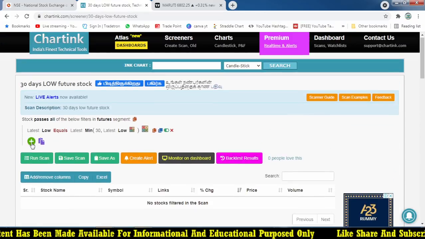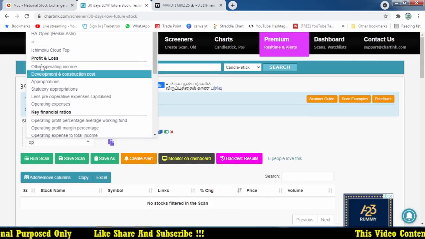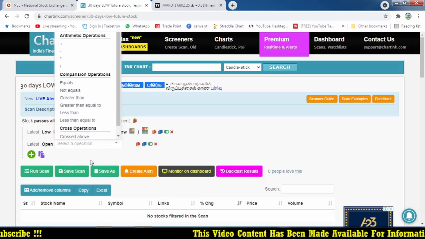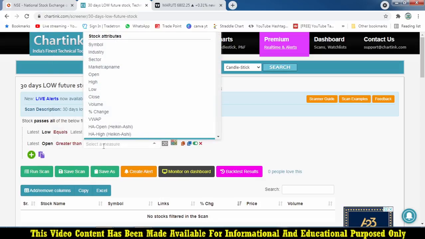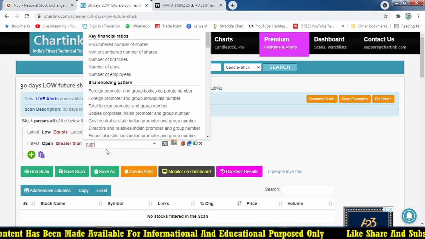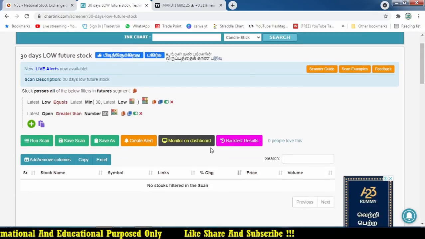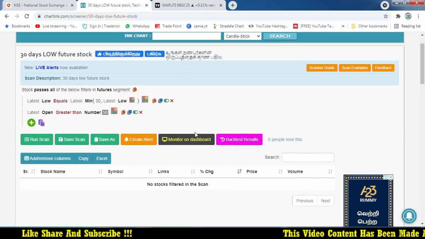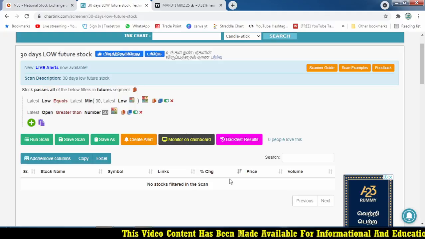So what I'm going to do: the stock should be trading above 50 rupees, so open greater than number 50, and if I filter it out, we may ignore minimum-priced stocks. And the stocks trading with more power are the trending stocks.